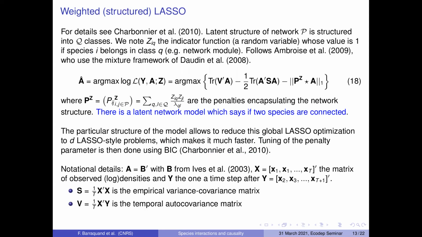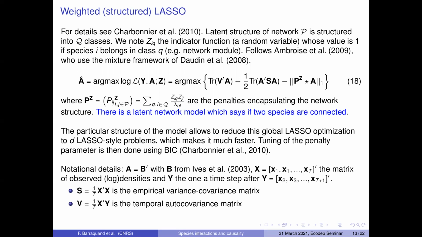So this is a quite elaborate technique, and I must admit that I have a limited mastery of it. For details, I would refer you to the nice paper by Camille Charbonnier and co-authors. But just to give you some idea, there's a latent structure of the network, which has a number of classes, and you have an indicator function which tells you which species is in which class.